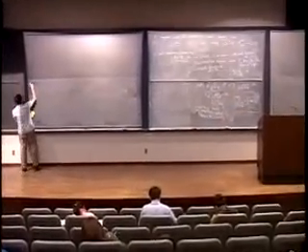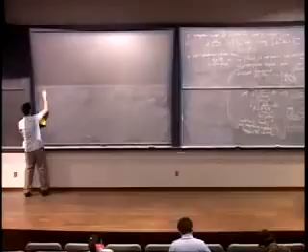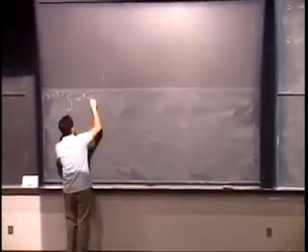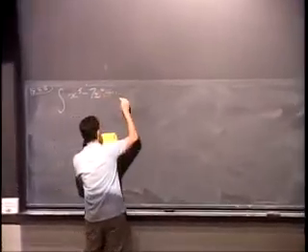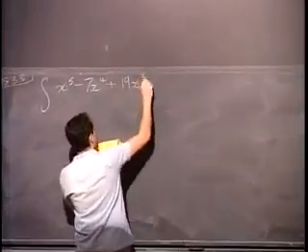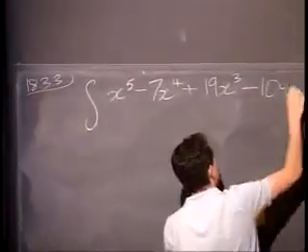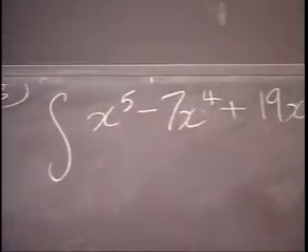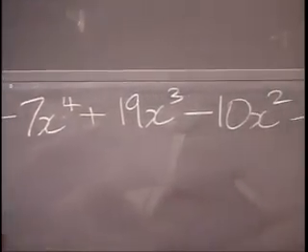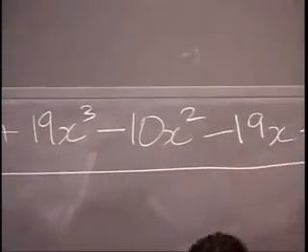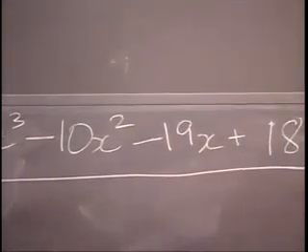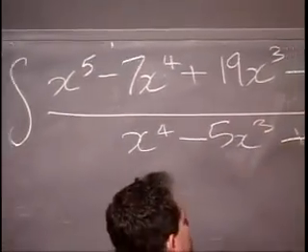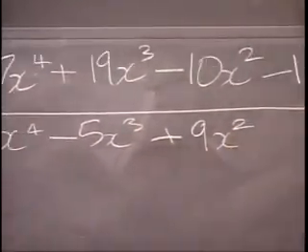So here is the example I'd like to do. And this is in section 18.3.3, if you'd like to follow along. This example is x to the fifth minus 7x to the fourth plus 19x cubed minus 10x squared minus 19x plus 18 over x to the fourth minus 5x cubed plus 9x squared dx.